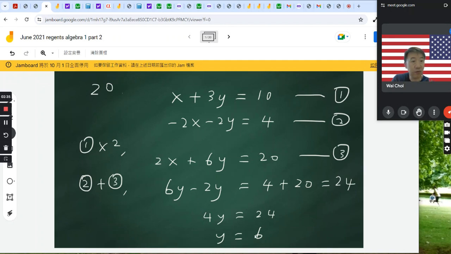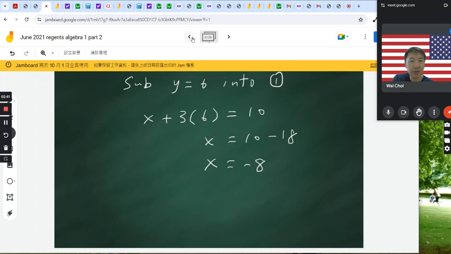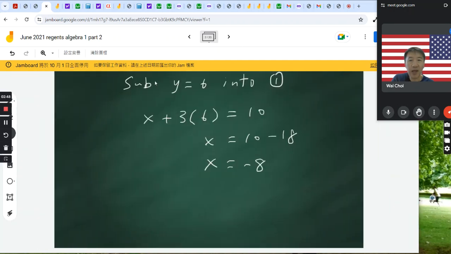So we have solved for one unknown, right? We are ready to find out what x is. We're going to substitute y equals 6 into equation 1. So x plus 3 times y, which is 6, equals 10.